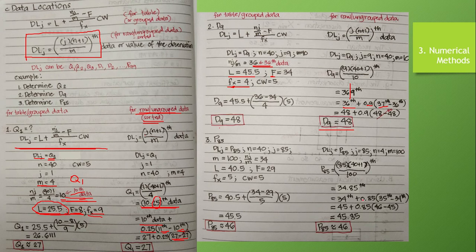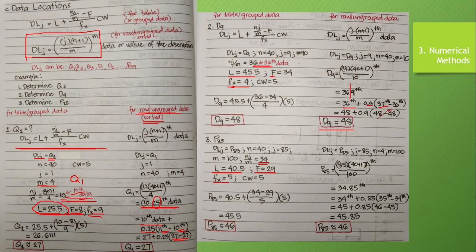Then next, what if we will be looking for P sub 85, the 85th percentile. Same, nj over m is 34. So locate where the 34th data is. Then get the lower class boundary. Get the frequencies before that class interval where the lower class boundary is located.